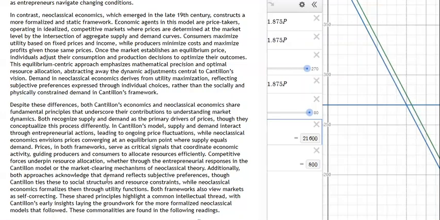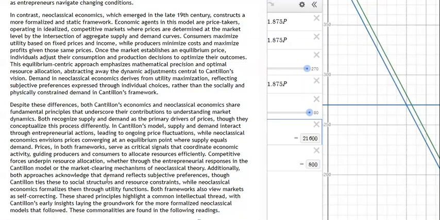Prices in both frameworks serve as critical signals that coordinate economic activity, guiding producers and consumers to allocate resources efficiently. Competitive forces underpin resource allocation, whether through the entrepreneurial responses in the Cantillon model or the market clearing mechanisms of neoclassical theory.